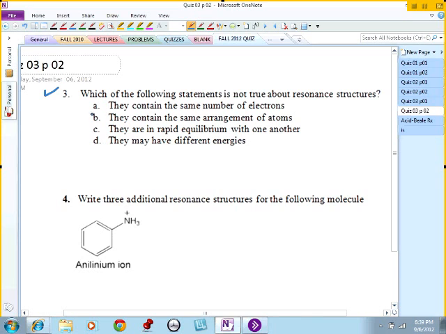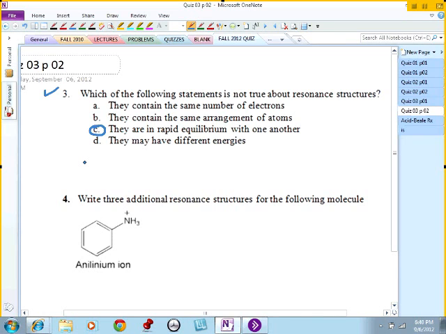So the answer here is C. Resonance is not an equilibrium between the structures. No. Remember I told you that, for example, you are a hybrid of both of your parents. That is not to say that sometimes you are your mom, or sometimes you are your dad.